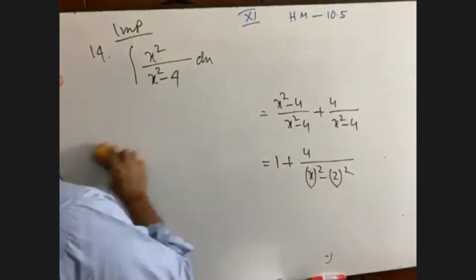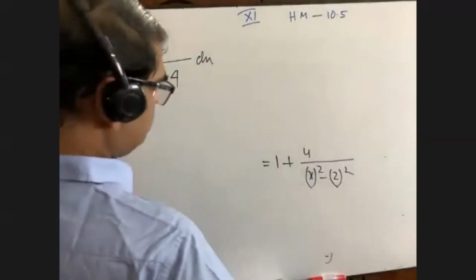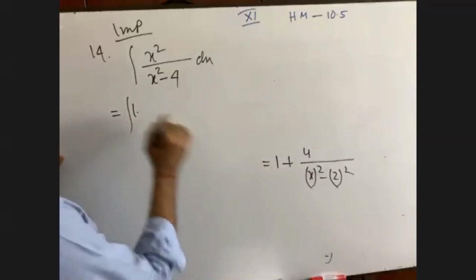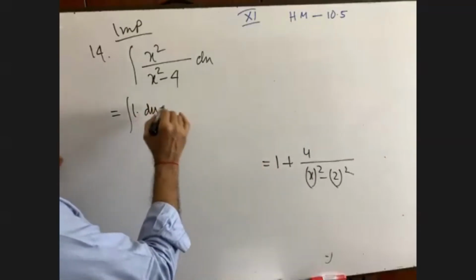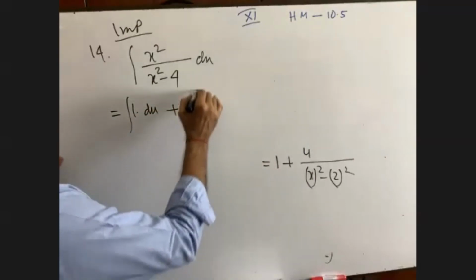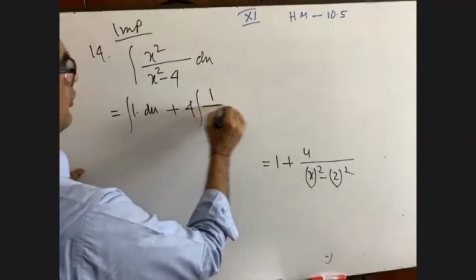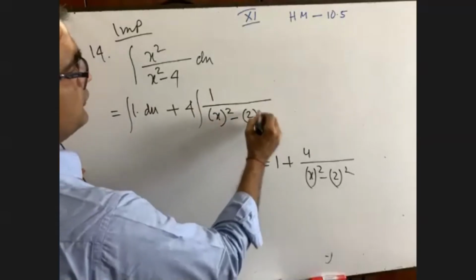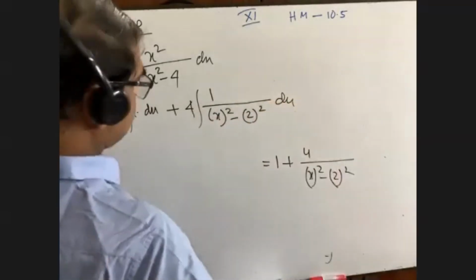Yes sir. That is we are getting integration of 1 dx plus 4 integration of 1 by x whole square minus 2 whole square dx, right?